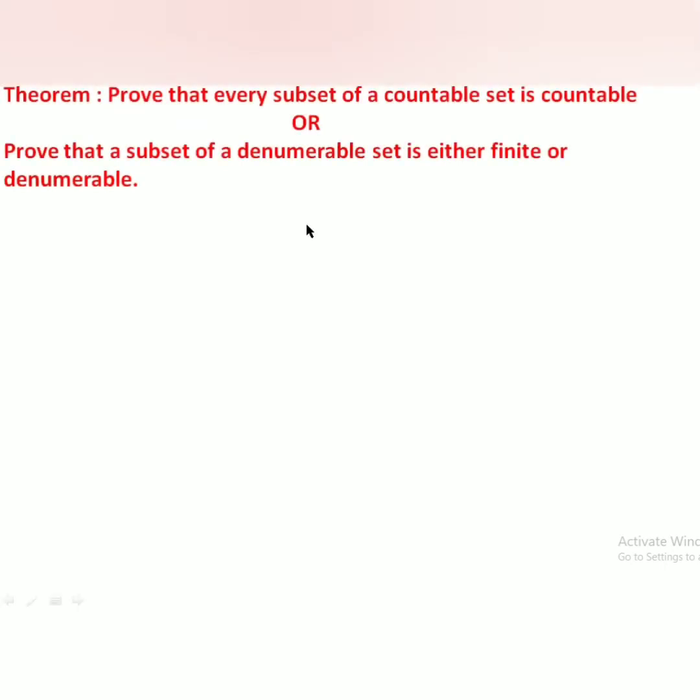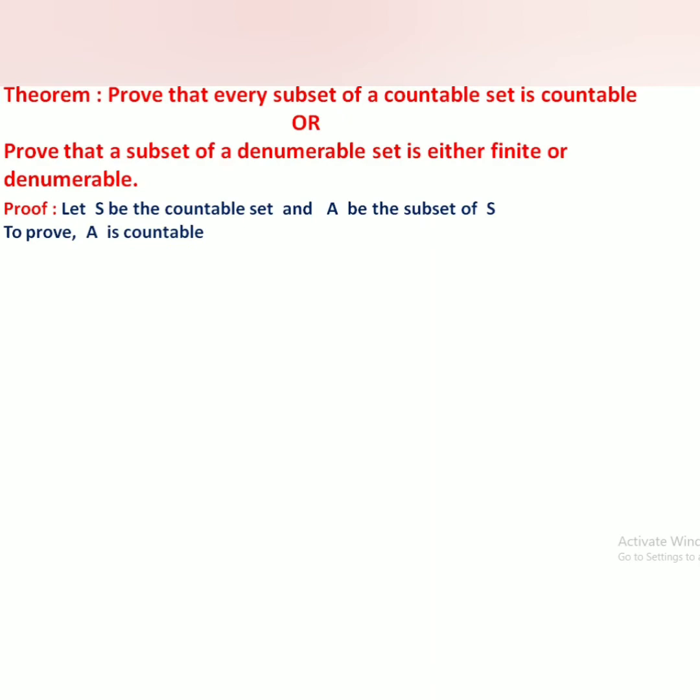Next, go for the theorem: prove that every subset of a countable set is countable, or prove that a subset of a denumerable set is either finite or denumerable. Prove that every subset of a countable set is countable. First, you can take one countable set, and the subset A is a subset of S. Let S be the countable set and A be the subset of S. Our idea is to prove that A is countable.